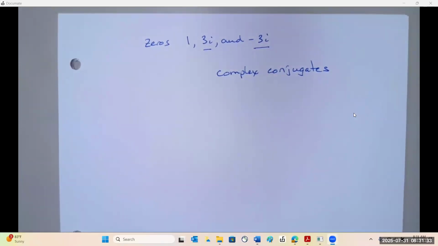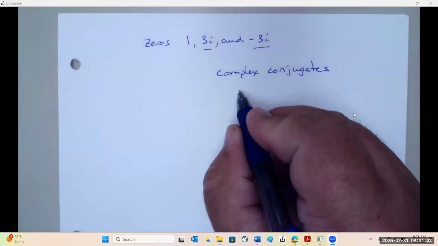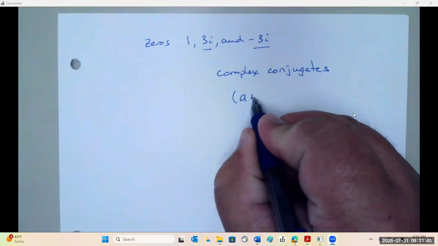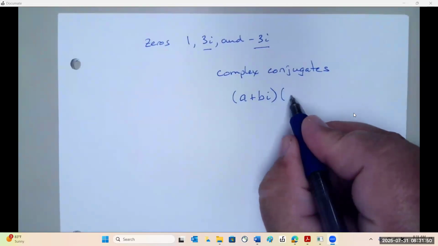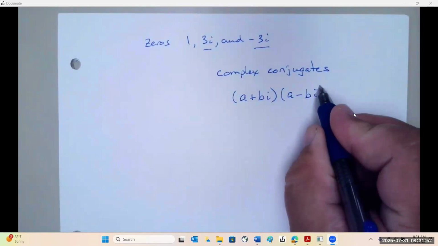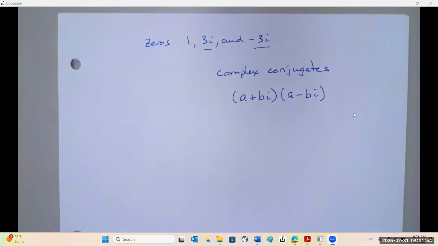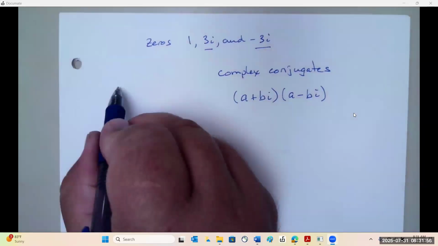What's a conjugate? Well, opposite what? Opposite sign. A complex conjugate is if I have one answer that's a plus bi, I have to have another one. They have to come in conjugate pairs.